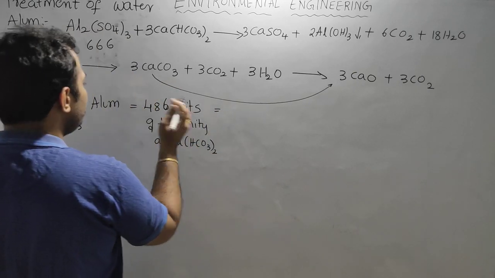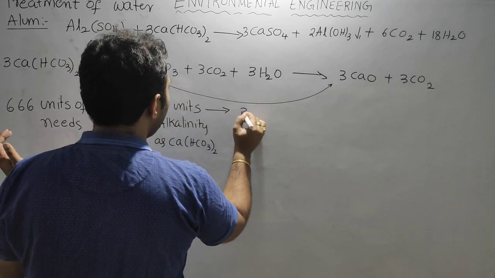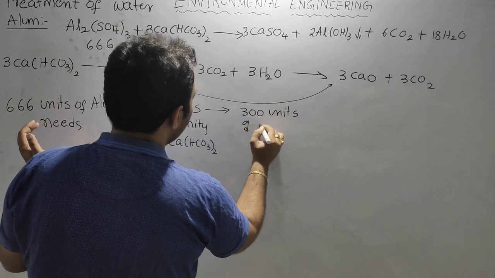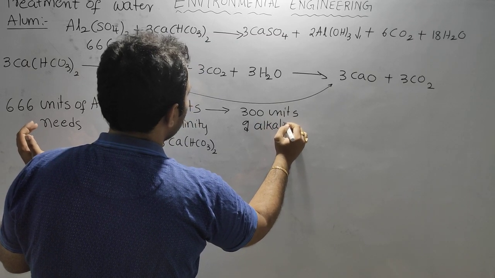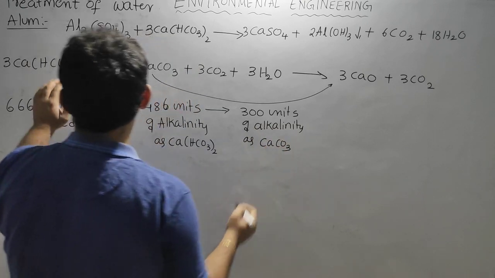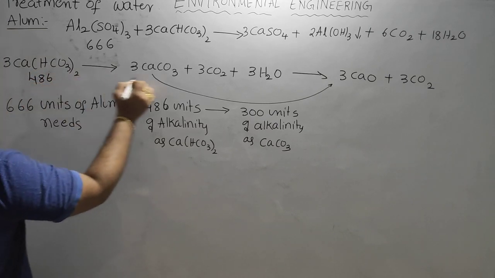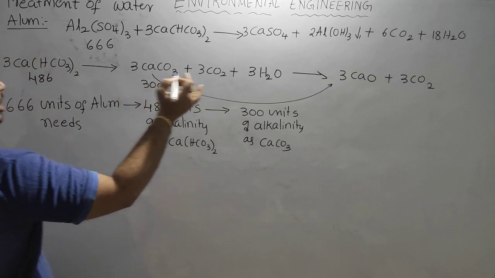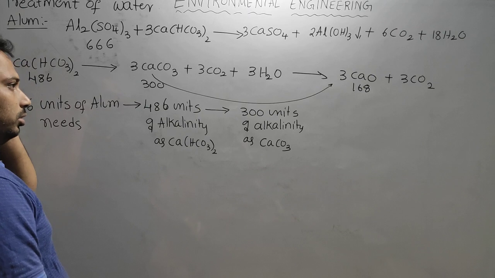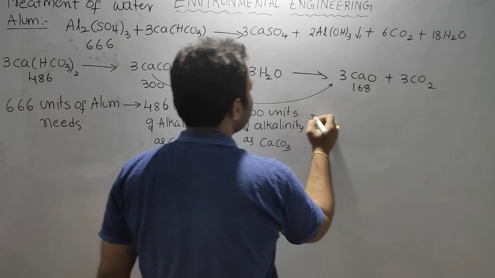That is equal to this, which needs 300 units of alkalinity as CaCO3. So this 486 needs 300. This 300 needs 168.